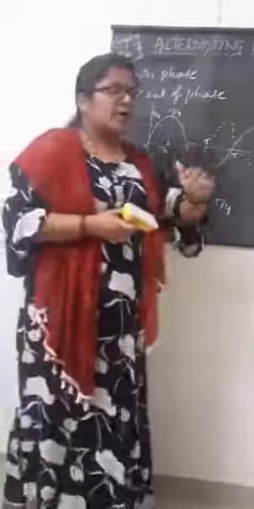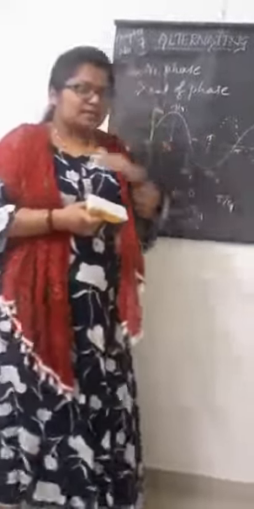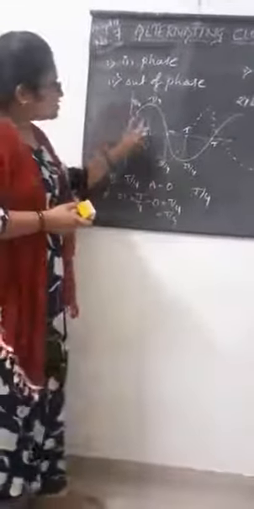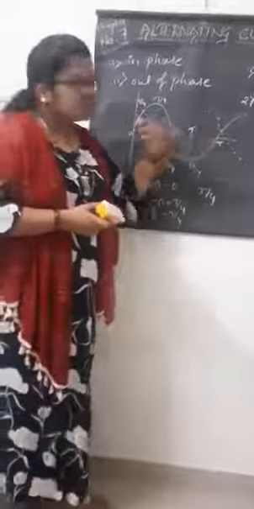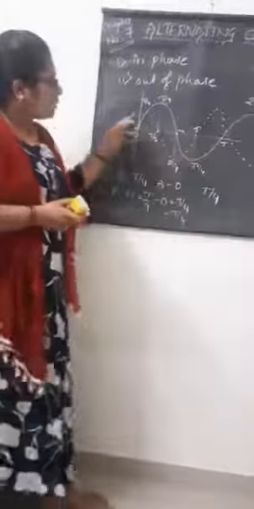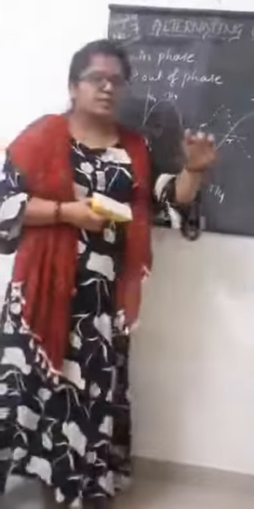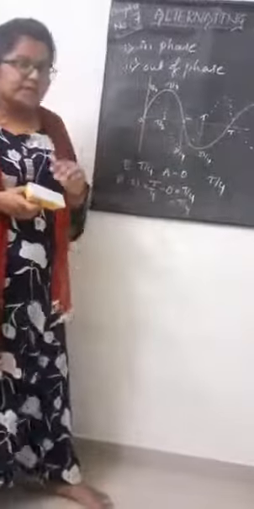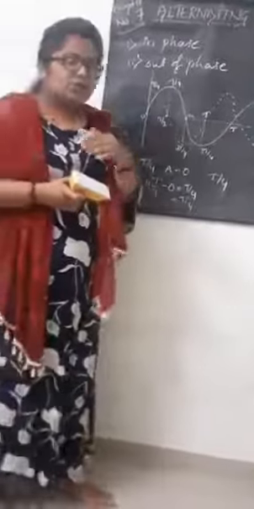When the current moves further, it reaches T by 2. At that time the voltage reaches T by 4. The current is always moving further and the voltage is just following it. That's why we can say that current is leading and voltage is lagging behind the current. Current is leading it.